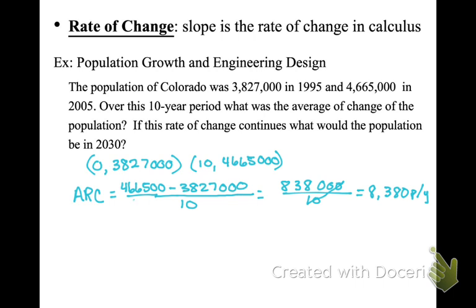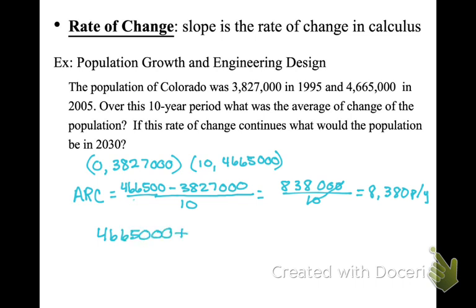Okay. If this rate of change continues, what would happen in 2030? You would multiply that number by 25. Yes, because that would be 25 years away. Well, we would start with 4,665,000.